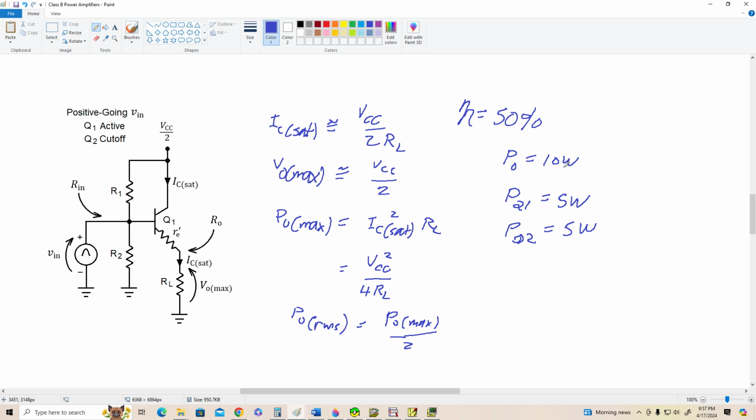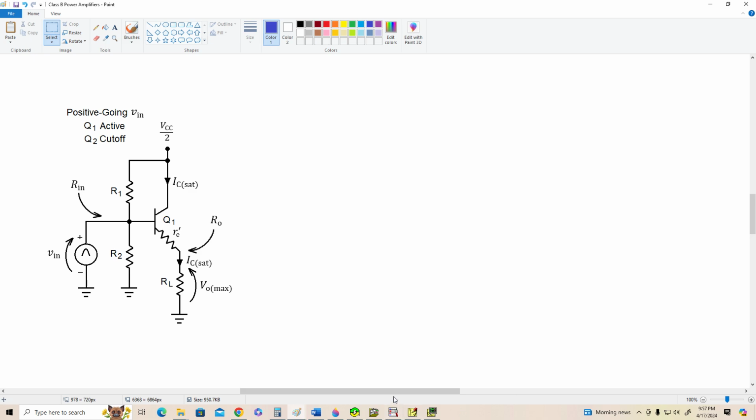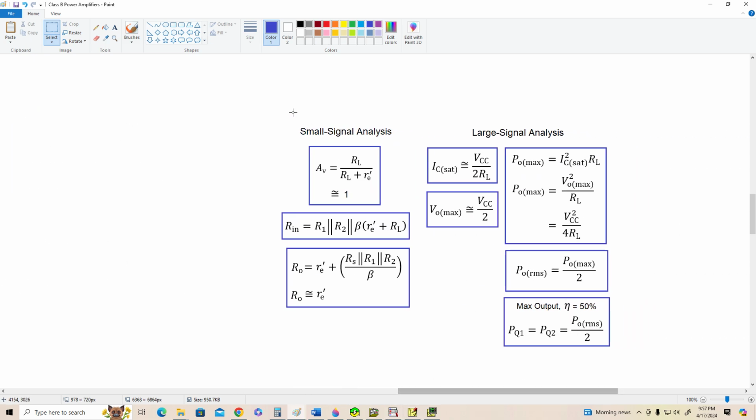All right, so let me get rid of my messy writing here and bring over these equations so that you have something nice to work with. I'm a nice guy, I like to do this for you guys. Okay, so here we are.